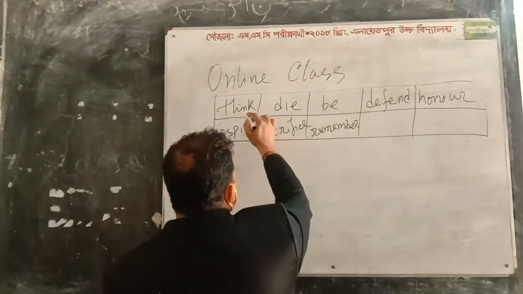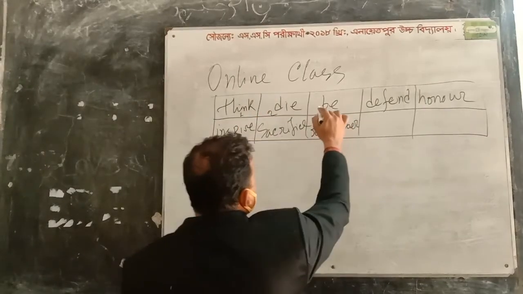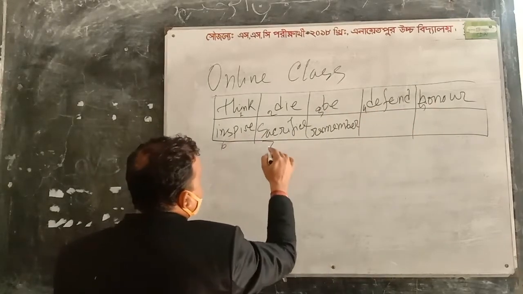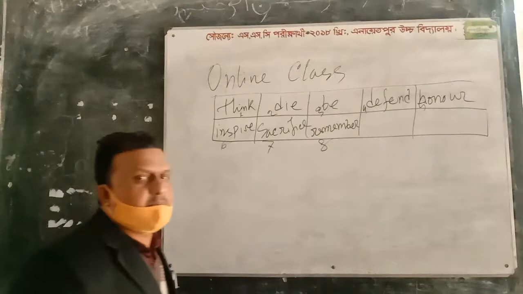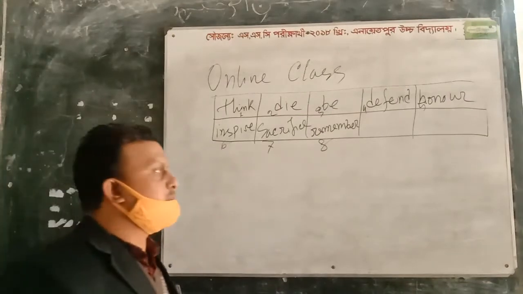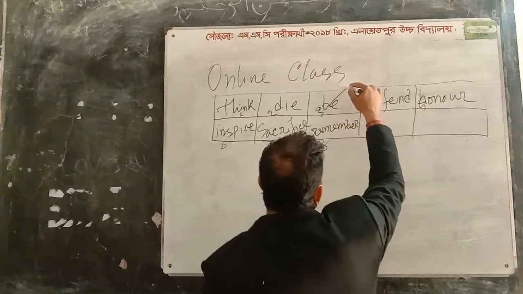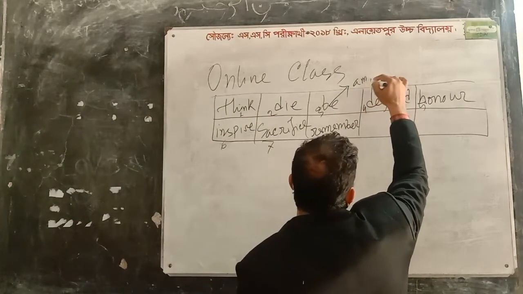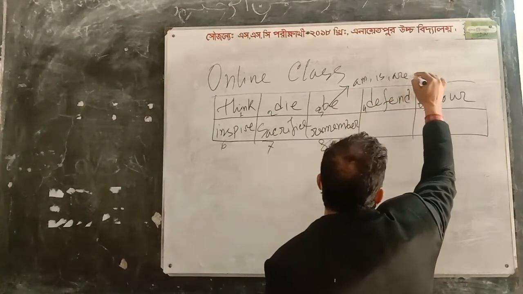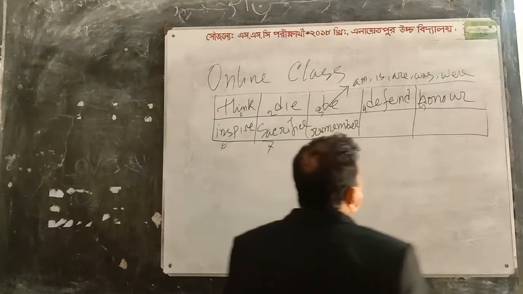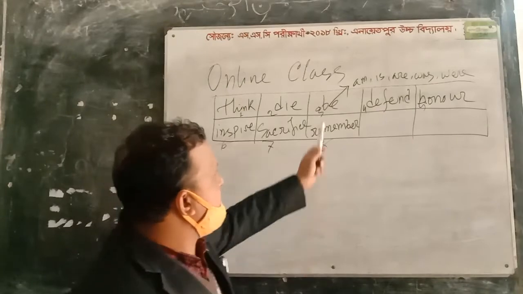So this is 1, 2, 3, 4, 5, 6, 7, 8. So 8 verbs, but you have to give 10 verbs. So what will be the other verbs? Be stands for am, is, are, was, were. Here you can use more than one verb.